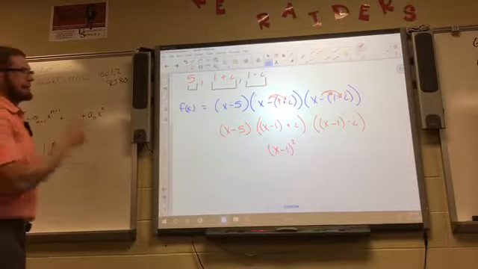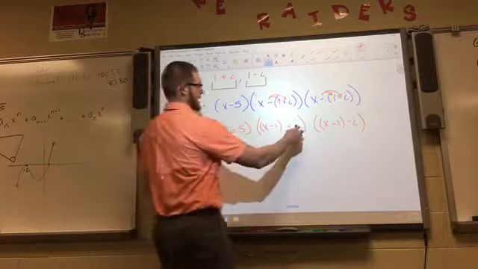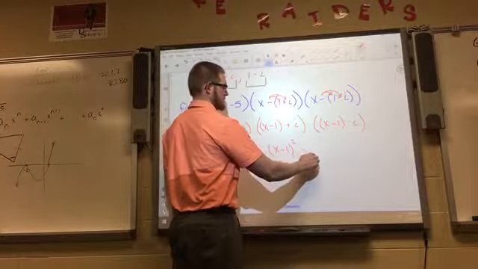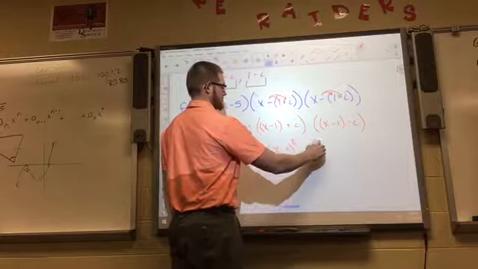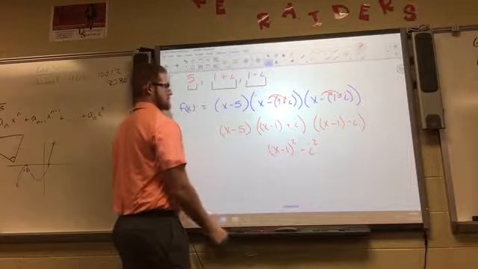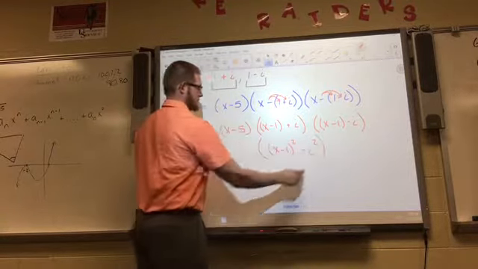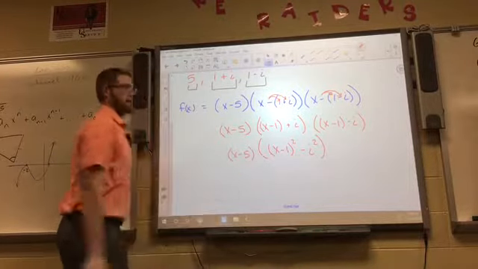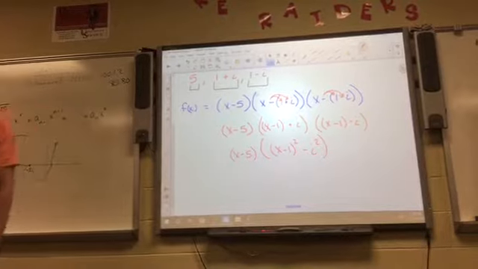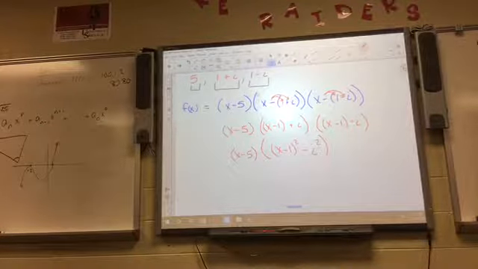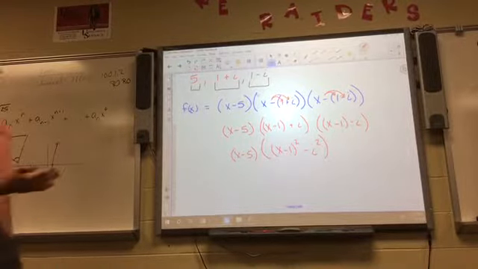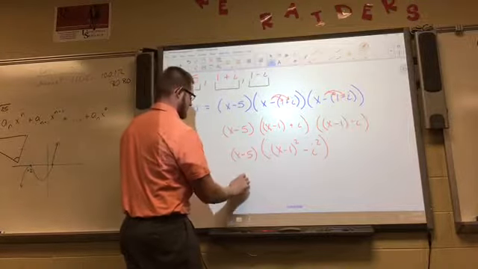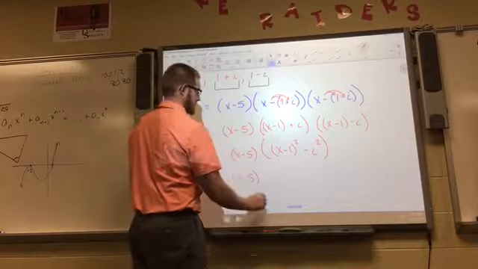And then I have i times a negative i, which is negative i squared. And then I have x minus 5. Because i squared is equal to what? Negative 1. So a negative i squared is positive 1. I'm going to do that in another step.